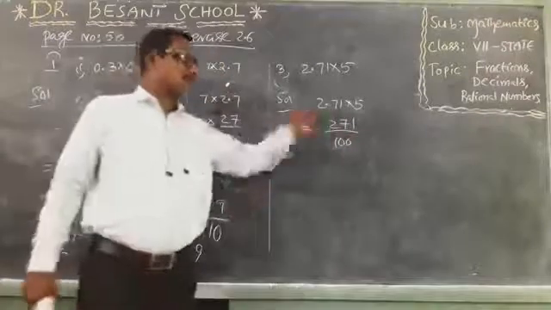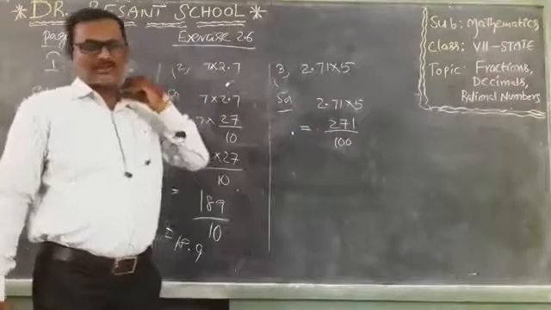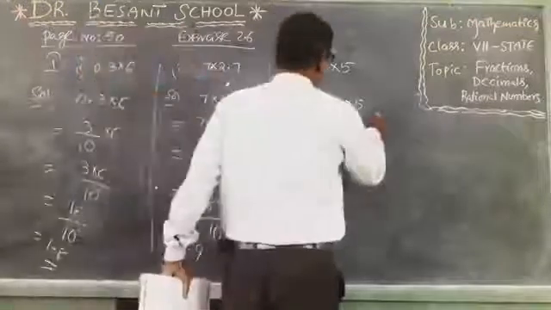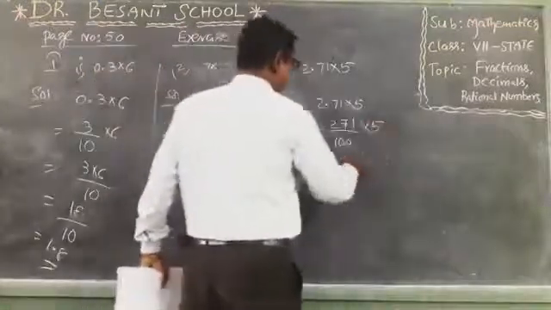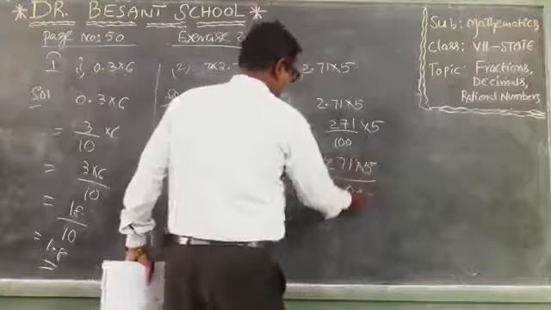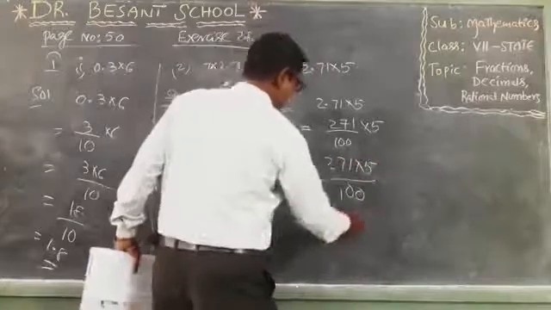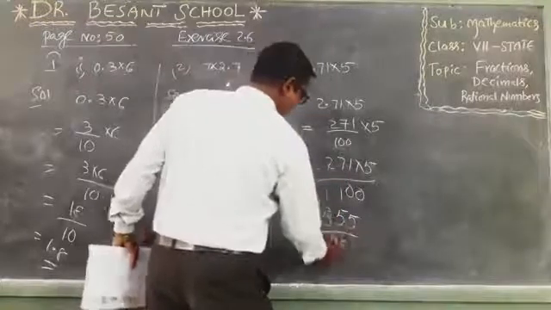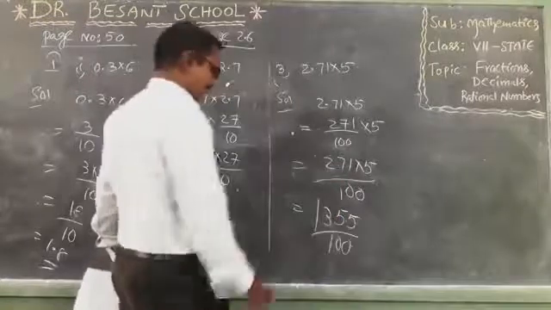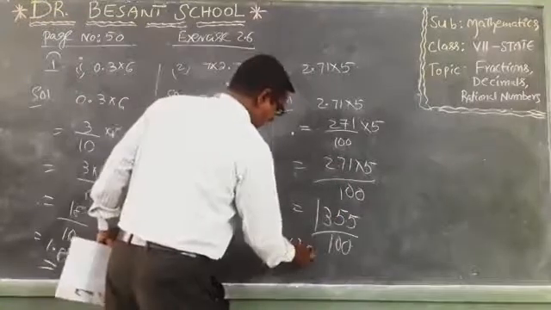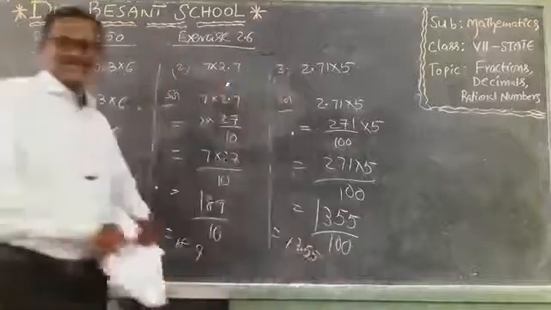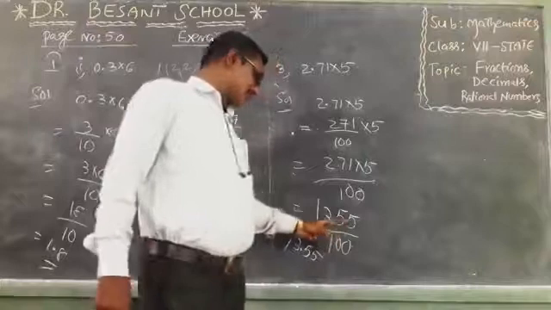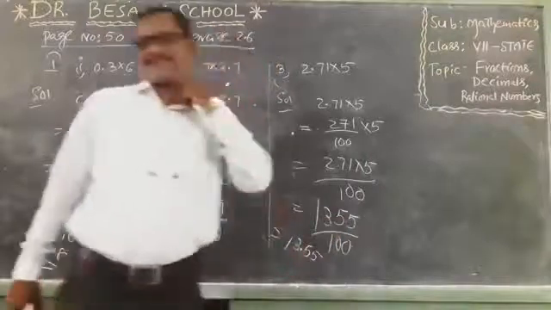Because the point is after two digits, so we need to divide 271 by 100. 271 by 100 into 5 means 271 into 5 by 100. 5 1s are 5, 5 7s are 35, carry 3, 5 2s are 10 plus 3, 13. 1355 by 100 means 13.55. Why? Because in the denominator 100 is there, so after two digits we keep a point. That is 13.55.